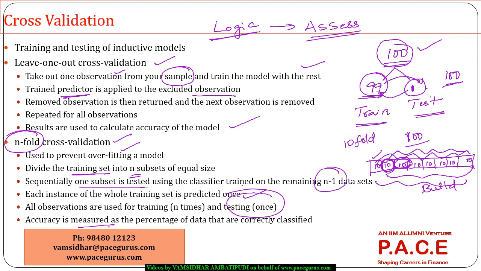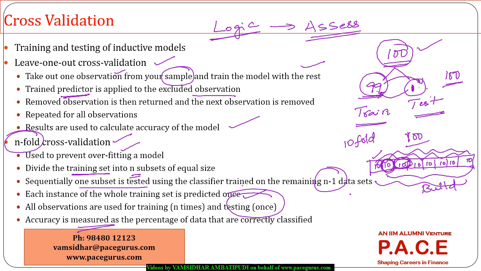Accuracy is measured as the percentage of the data that is correctly classified. That way the model is much more effective. So generally, if I have to make my model more effective, we can think of one of these two methods. Either I can do leave one out cross validation, or I could go with an n-fold cross-validation model, so that the overall model can be improved.